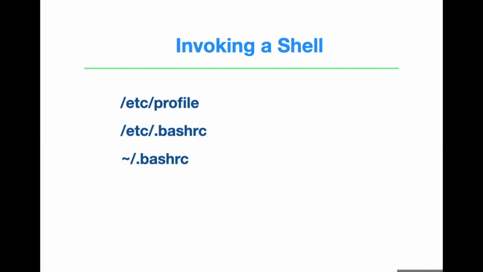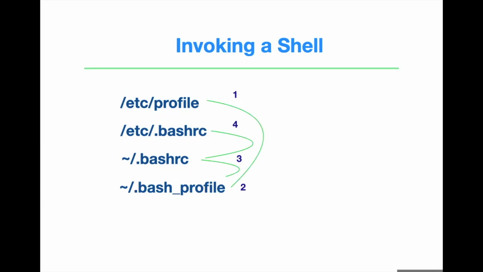The next one is ~/.bash_profile file. It is the personal initialization file that is executed for the login shells. Sequence of reading these files are /etc/profile, then .bash_profile is read.